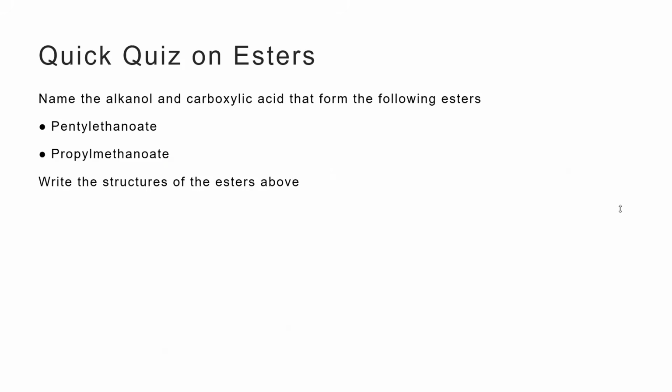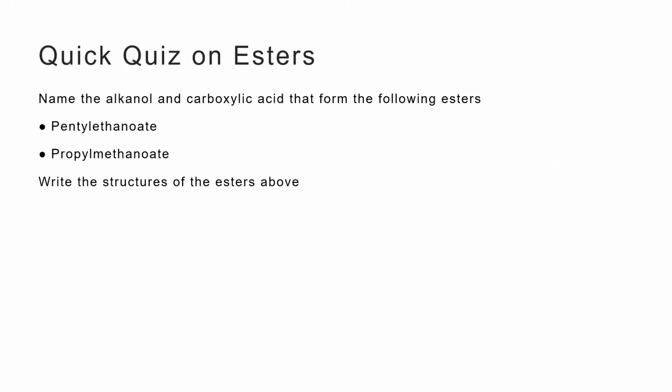Okay. Go on. Can you tell us the alkanol and carboxylic acid that form pentyl ethanoate? I have no idea. Okay, we are going to learn that today.